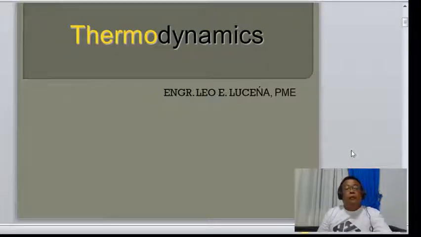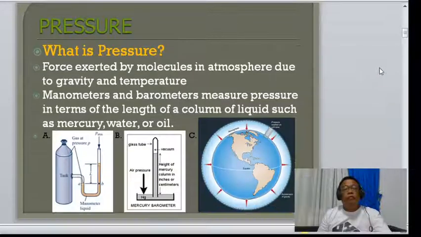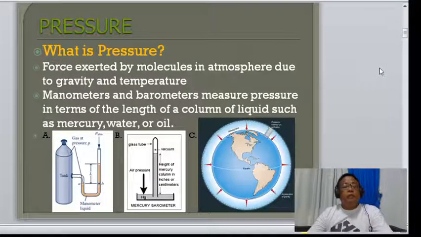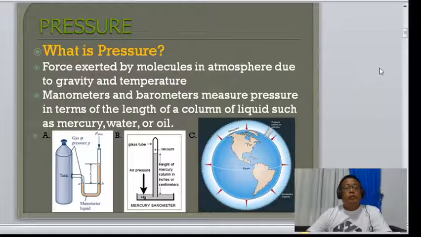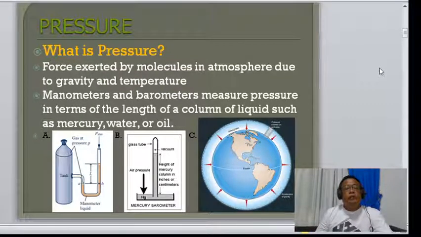What is a pressure? Pressure is force exerted by molecules in atmosphere due to gravity and temperature. So what measures this pressure?